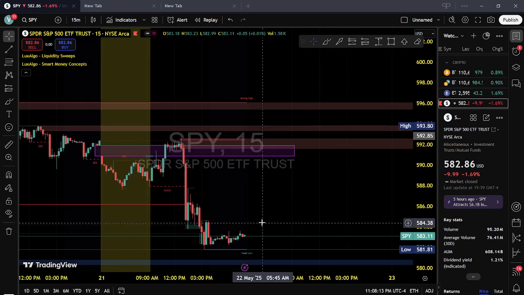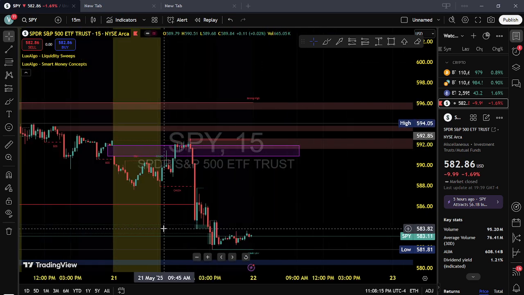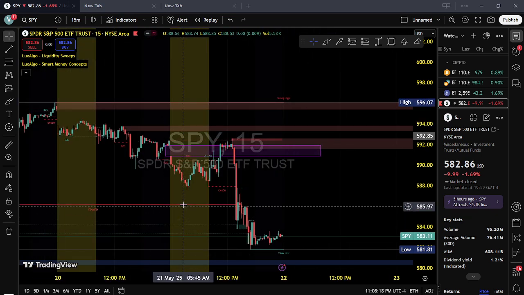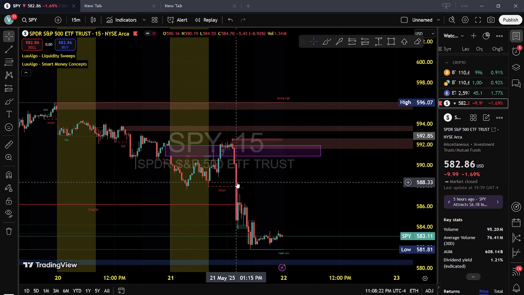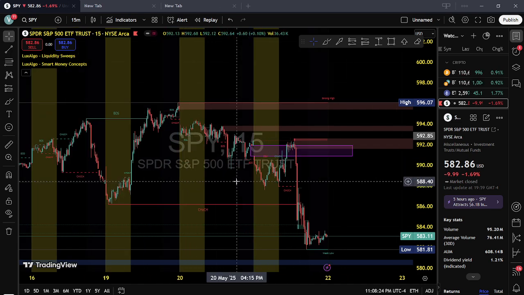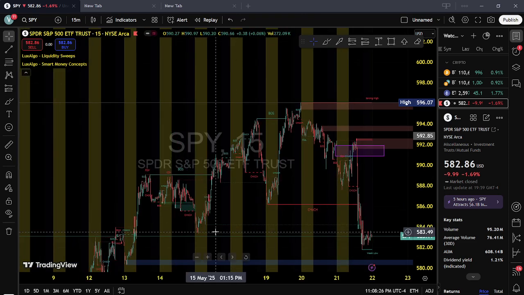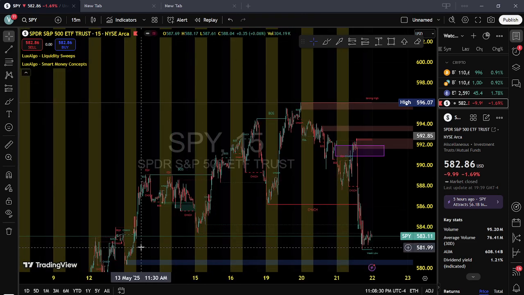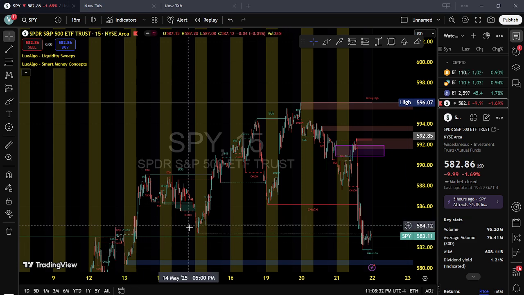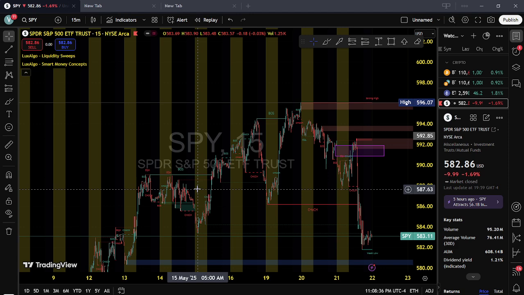It came directly to 585. It tapped this particular candle, tapped 585, and it broke 585 also. And the next level on this particular candle was this 583, and we did see a bounce at 583.